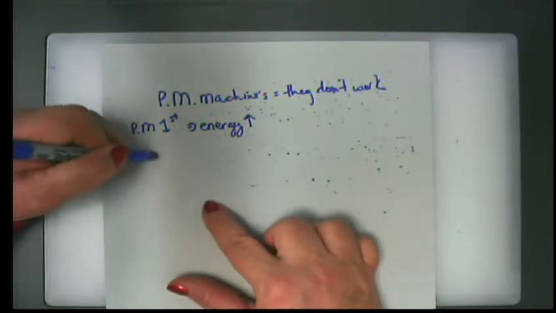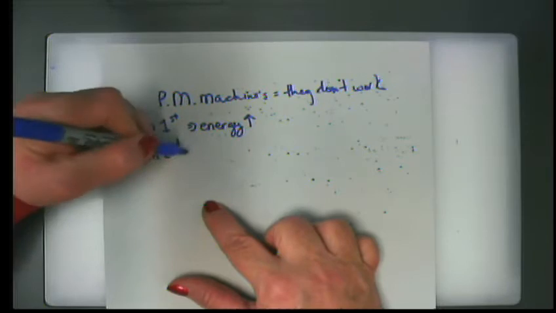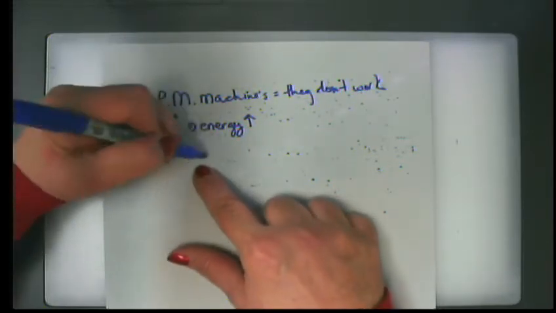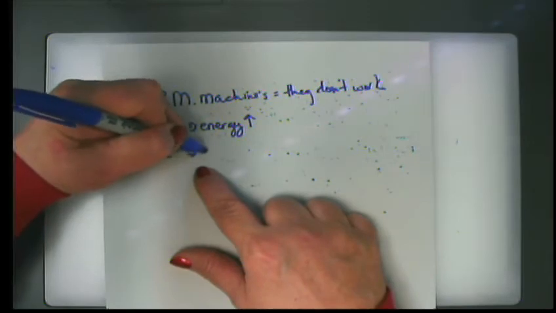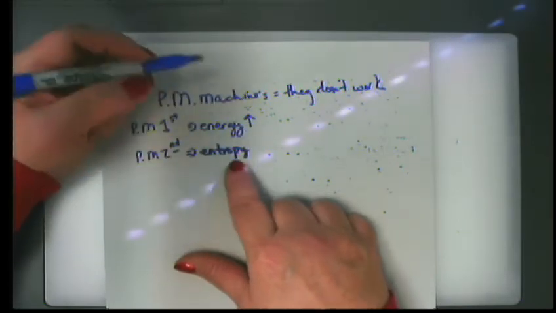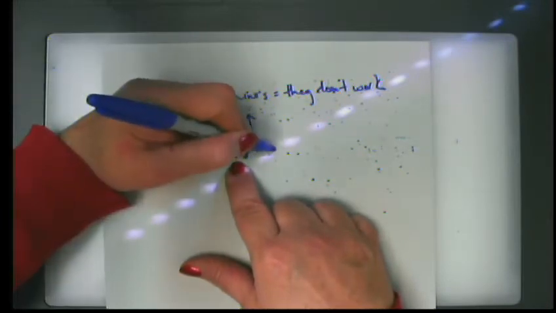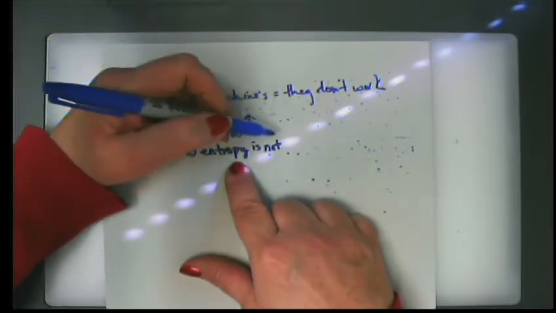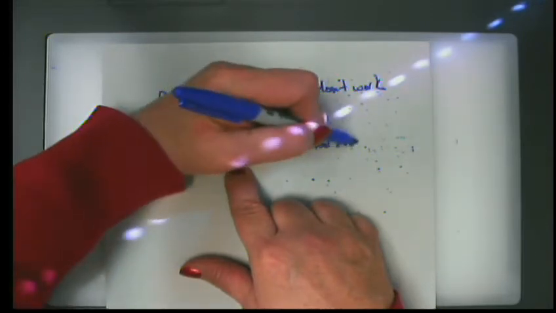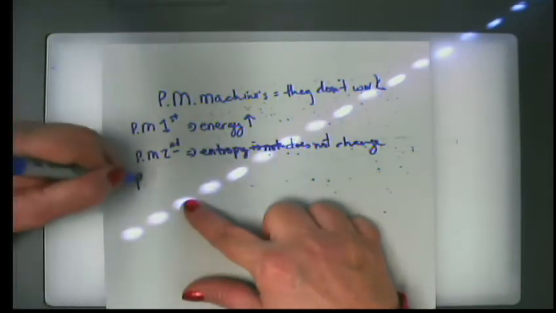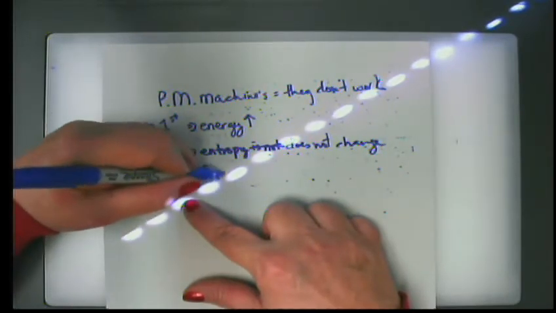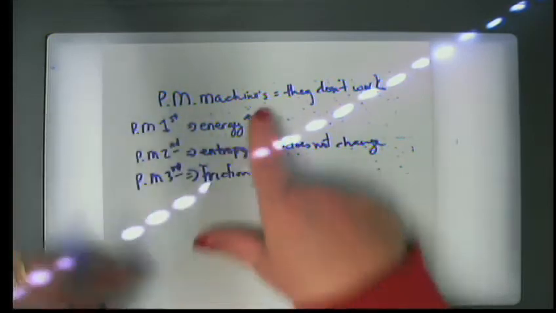A perpetual motion machine of the second kind violates the second law of thermodynamics, which we've begun talking about, but basically entropy, which is a quantity that we'll talk about later, is not lost, or does not change, let's put it that way, which we'll describe later. And then there's also a perpetual motion machine of the third kind, which is one that doesn't have friction. So the answer is none of them work.